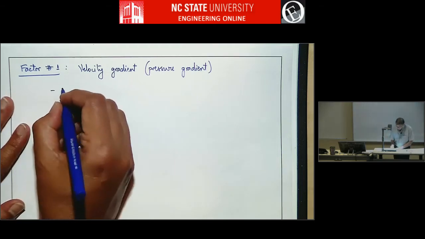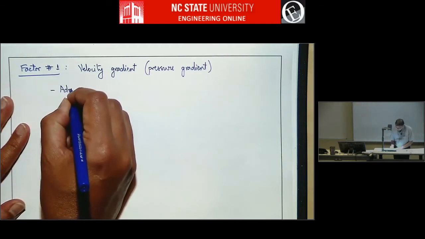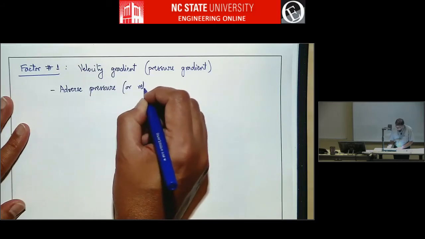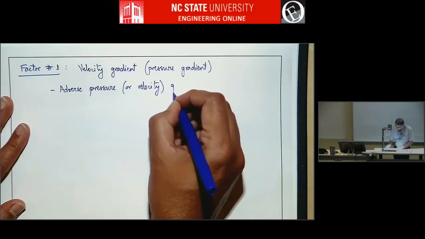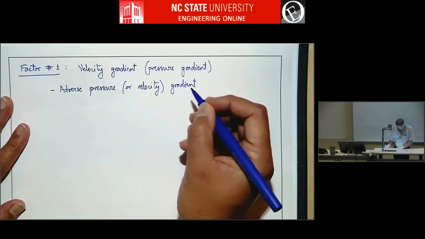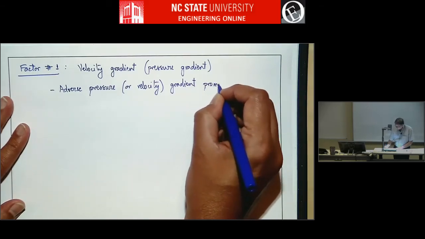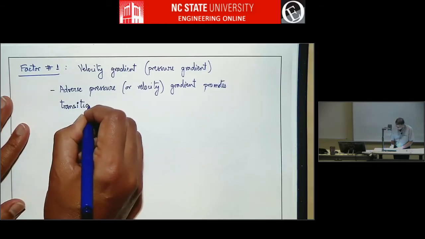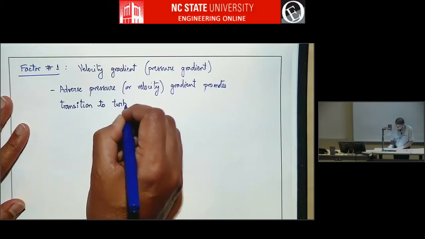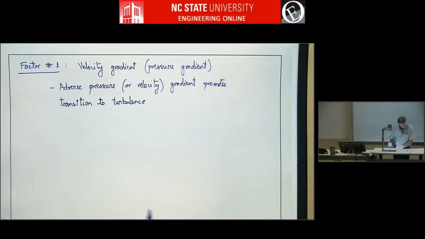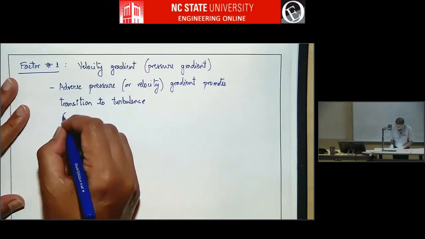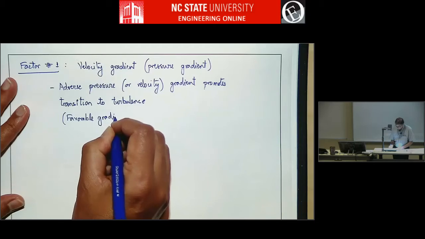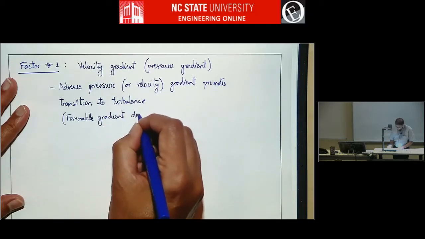So what happens here is that an adverse pressure gradient promotes transition to turbulence. And conversely, a favorable gradient delays transition.